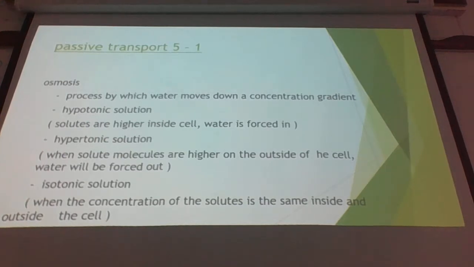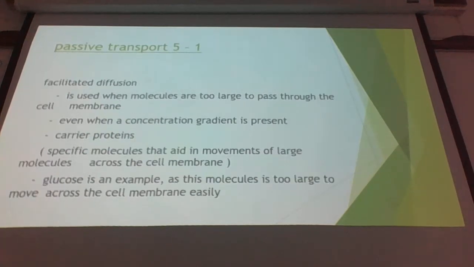Okay? So diffusion and osmosis. Then we see facilitated diffusion. In this case, it's materials that are much too large to go into and out of the cell by just moving across. Here we see carrier proteins are utilized. Glucose is an example.